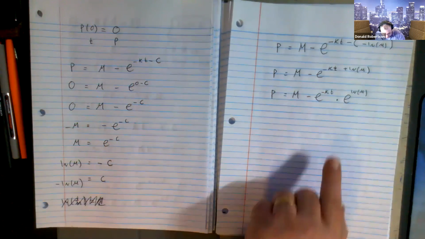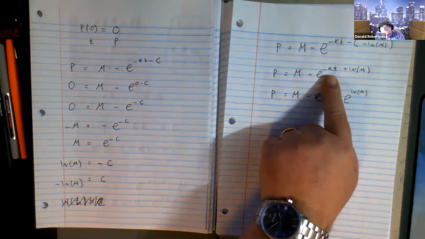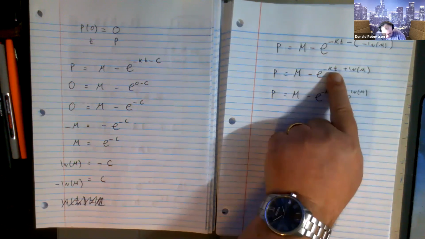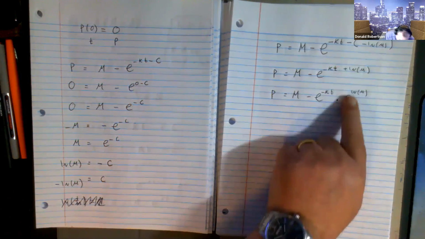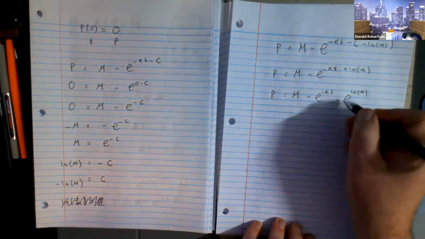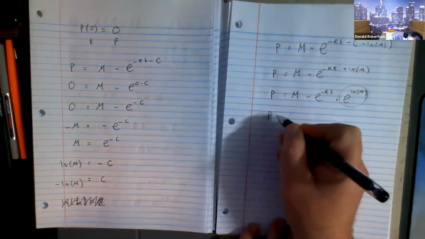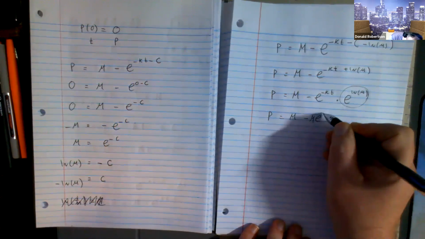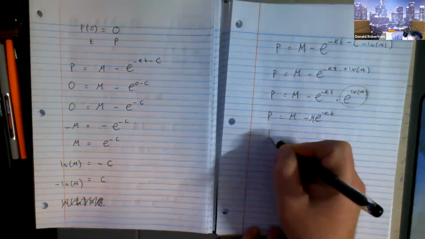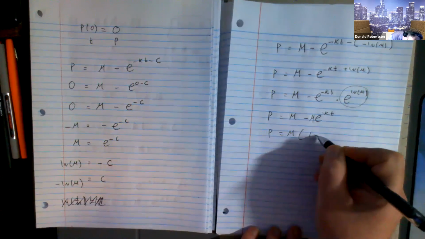I'm going to take this e to the power of two things added and rewrite it as e to the first thing times e to the second. And the reason I want to do that is that isn't this m? And now I've got the style point version of the answer.